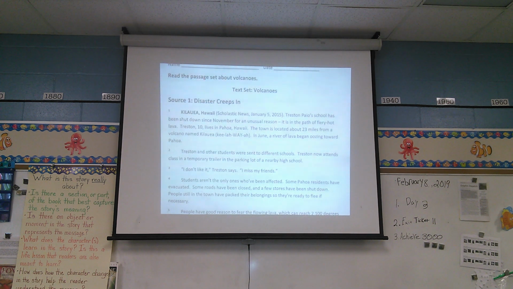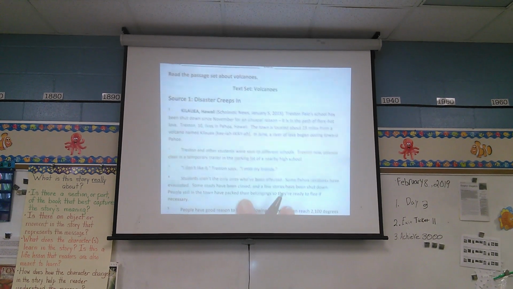Yes, you're going to underline anything that you think applies to how a volcano is affecting or impacting or changing somebody's daily life. How are the people affected when a volcano erupts near them? You are going to focus on that, but I also want you to be thinking about the subtopics. Let me show you an example.